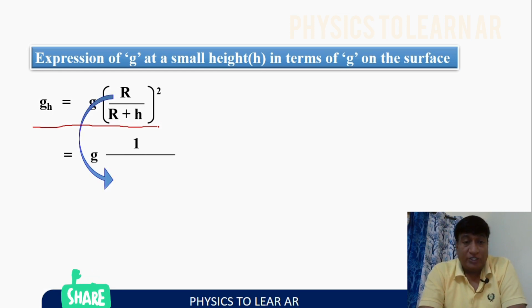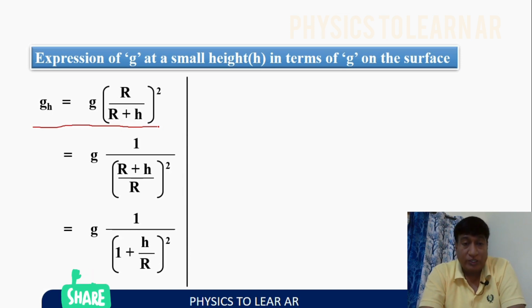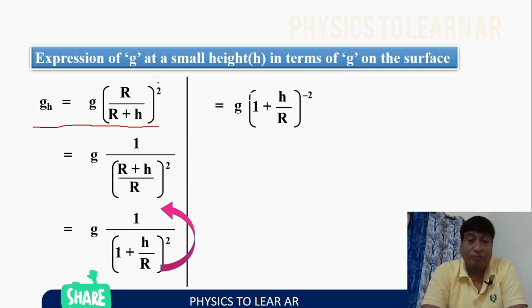By taking R square as common, R, which I have sent downwards, (R plus h) by R whole square, which I have taken. By making this modification, I can get 1 plus h by R whole square. This, moved upwards, I can get as g into (1 plus h by R) to the power of minus 2.